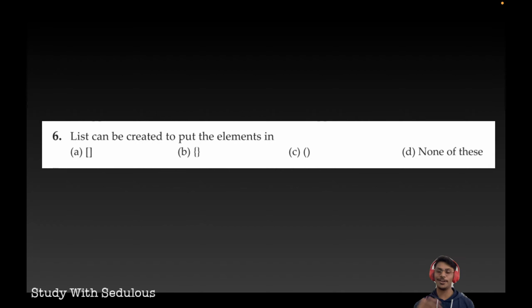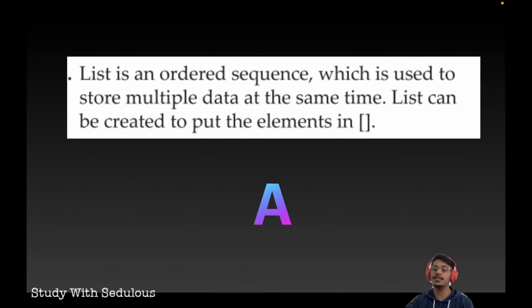A list can be created to put the elements in square brackets. What is the good thing about list, or how is it differentiated from tuples? List is mutable and tuple is immutable, which means we can change the elements in a list, but we can't change the elements in a tuple. One point for consideration.